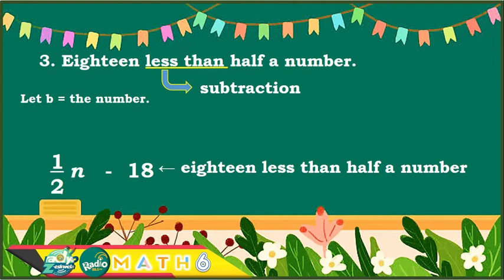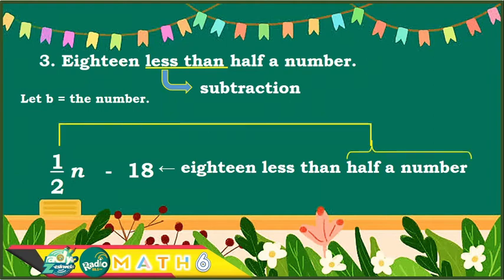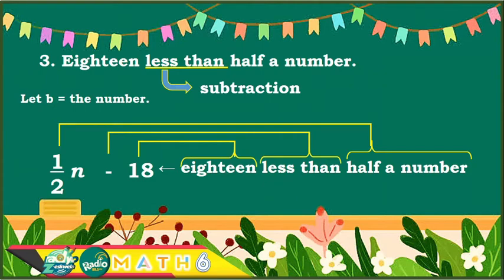We let N represent the number. Now, it can be translated as 1/2 N minus 18, where 1/2 N means half a number, the subtraction sign stands for the words less than, and the number 18.